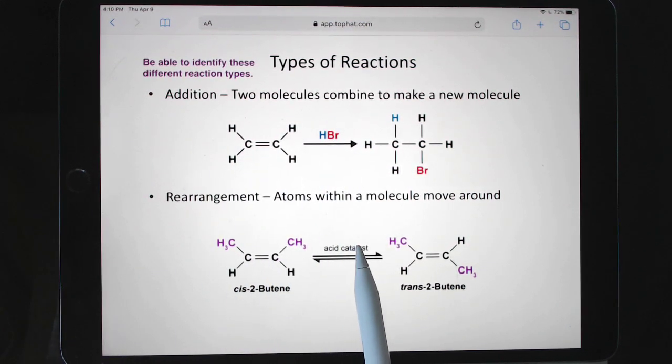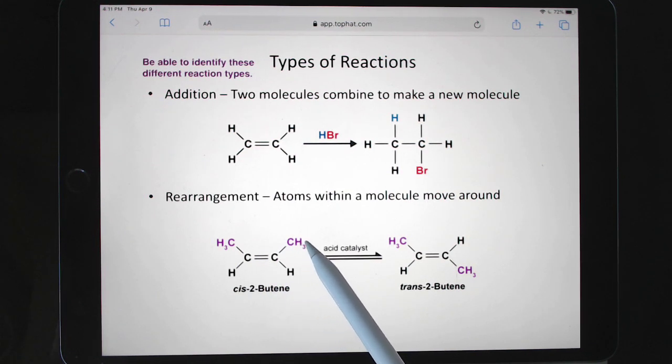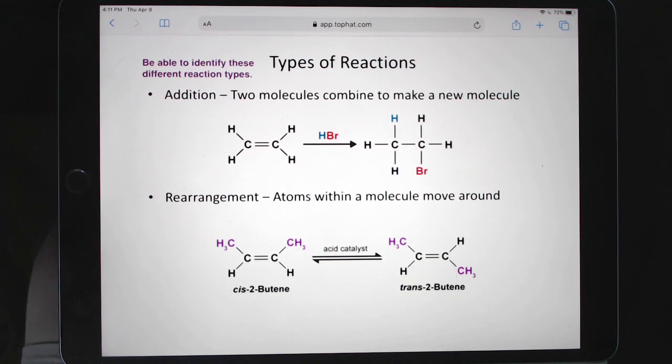With rearrangement, the atoms are basically rearranged in space. You could have a rearrangement where the methyl group goes down here, or where it goes from cis to trans. The atoms are still contained within the molecule, just arranged slightly differently.